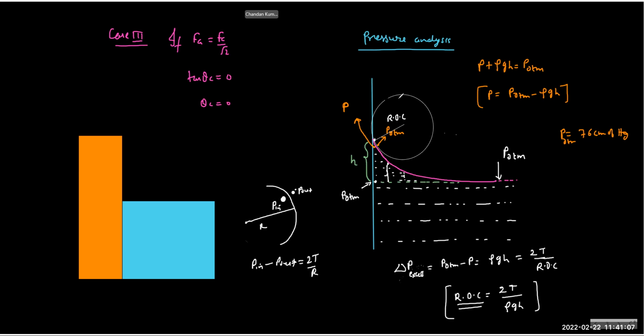Think this way. This is actually not present. This is hypothetically what we are assuming: what if we have a sphere there, then the relation will be like this, no? The difference is 2T by R, correct? Understood? So please will you repeat once?